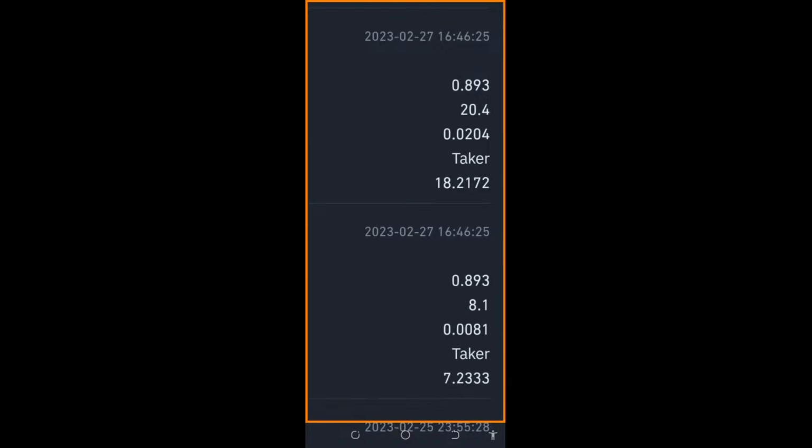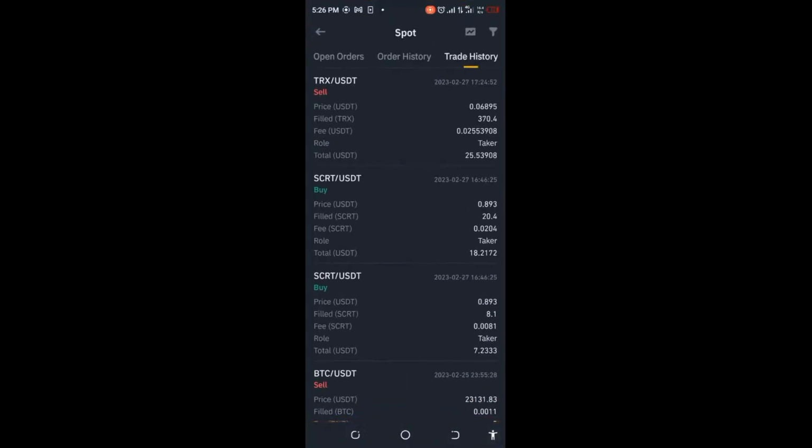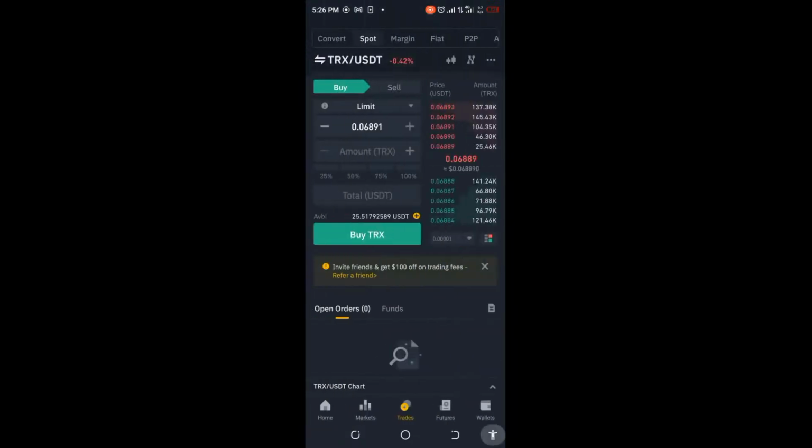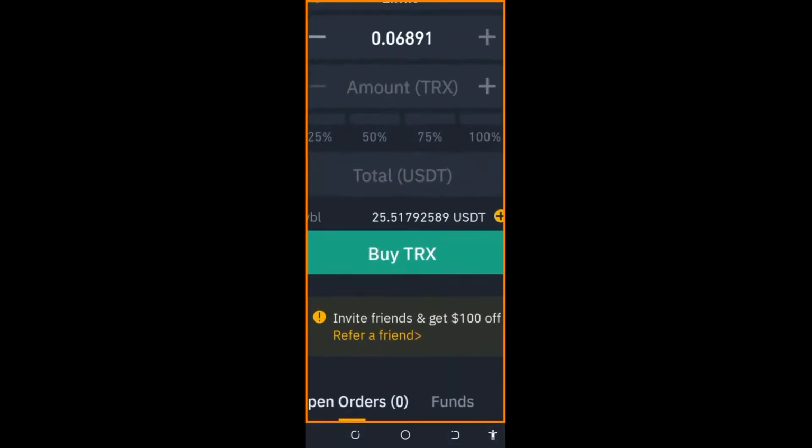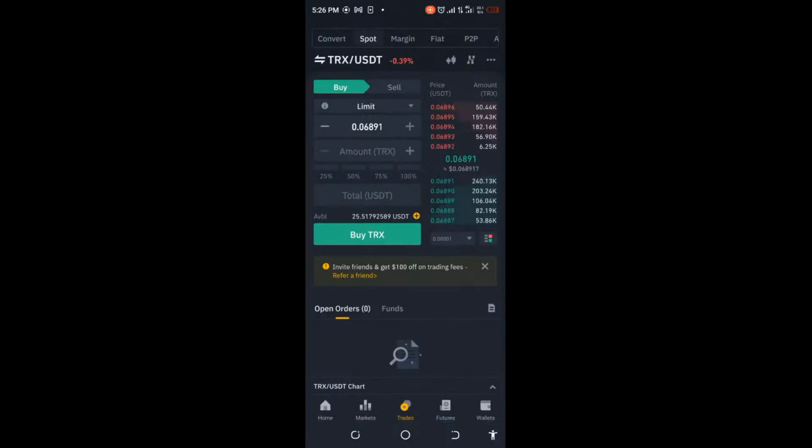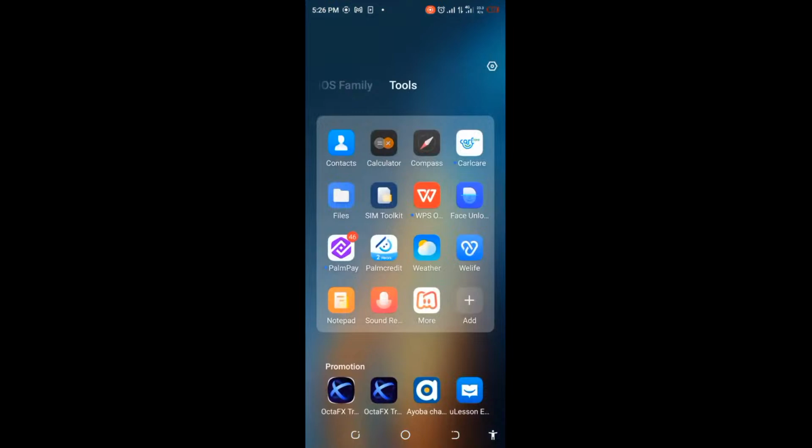So that means if you add everything together, that's 25.44, something in that range. So now let's go and see. We have 25.51. Okay, let's see what that's giving us. It isn't too much of a profit, but imagine you had $200 to do this, or $500, or even $100, you would have made a lot of money.